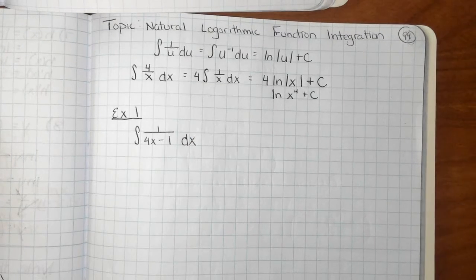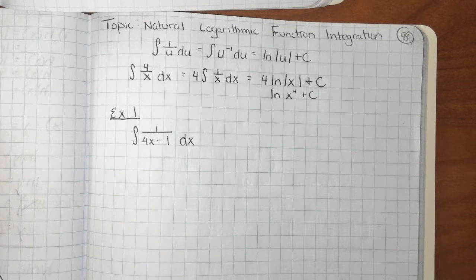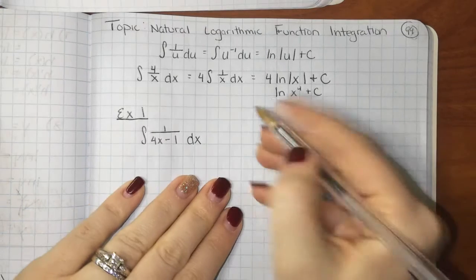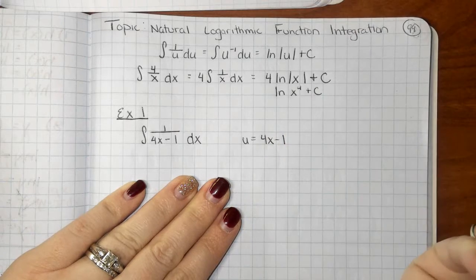As I look at this, guys, I have a coefficient with my x, I have a minus 1. You kind of see how it's ugly, right? So I have to use u substitution. In this case, what do I want to make my u? Exactly, I want to take care of that entire denominator.